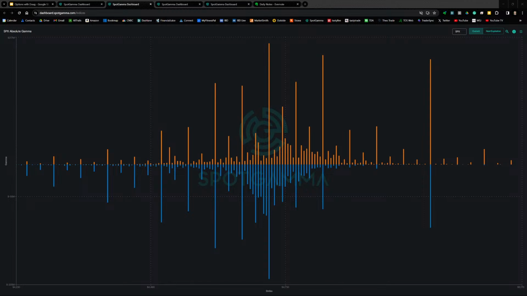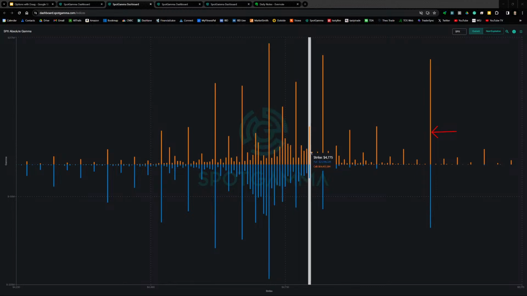So that was the absolute gamma strike yesterday at 5,000, and it has now moved down to 4,700. That's the strike with the largest absolute positive and negative gamma.